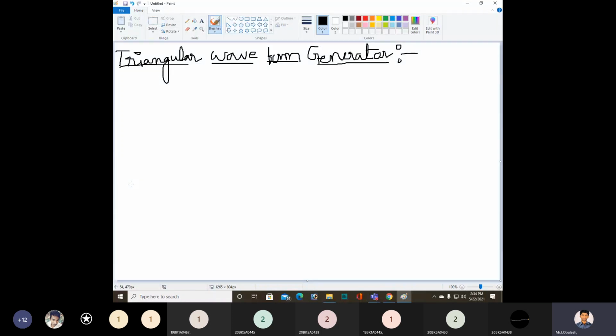A triangular waveform generator is formed by connecting an integrator to a square wave generator.